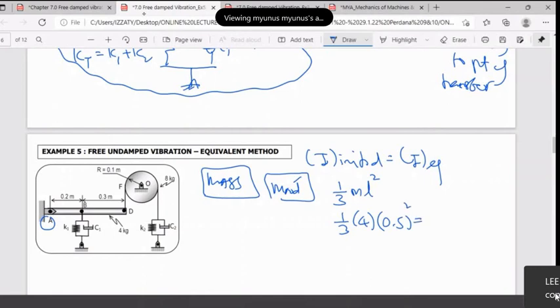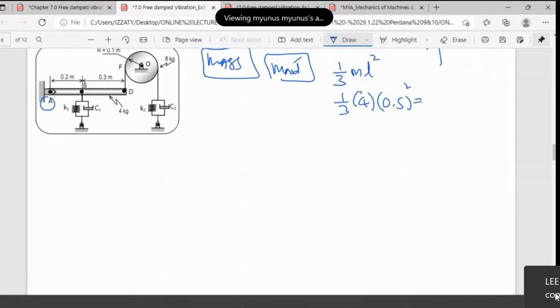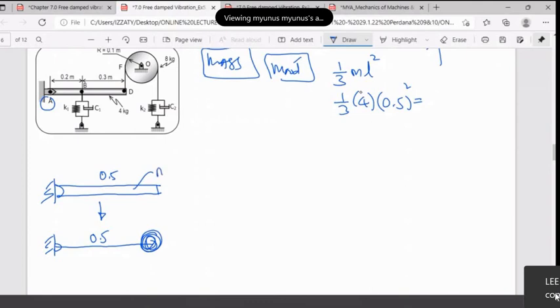Remember, you have a rod here. We don't want this. We maintain the L to become a lumped mass. Here this is 0.5, this one also 0.5. If this is M, this one is going to be M prime.